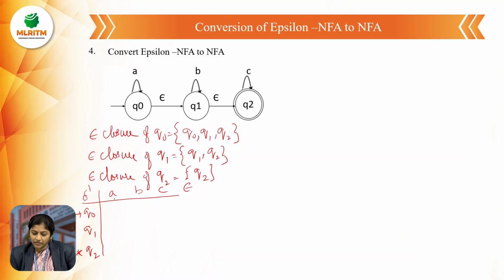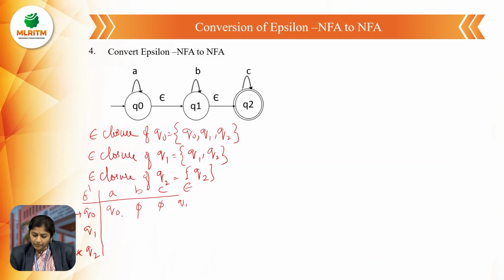Q naught on A, Q naught only. Q naught on B, null set. Q naught on C, null set. Q naught on epsilon, Q naught. Q naught on epsilon, Q1 as well as Q2 it is there, right? So we'll write only Q1.